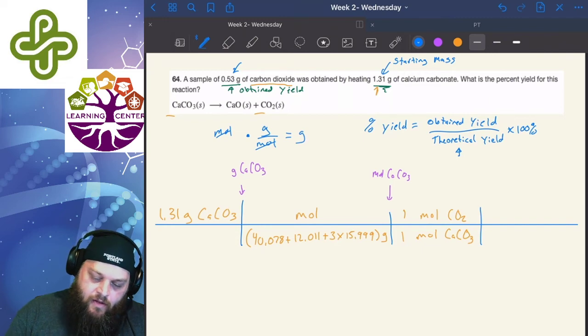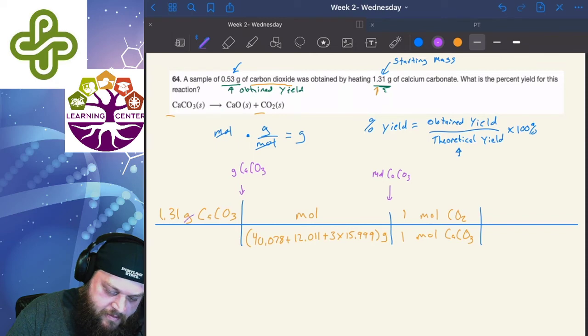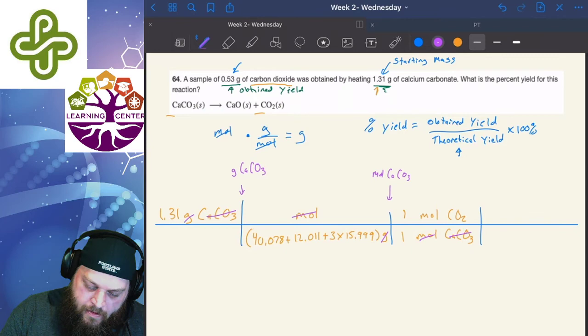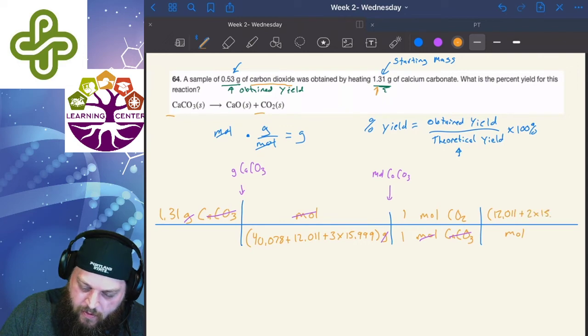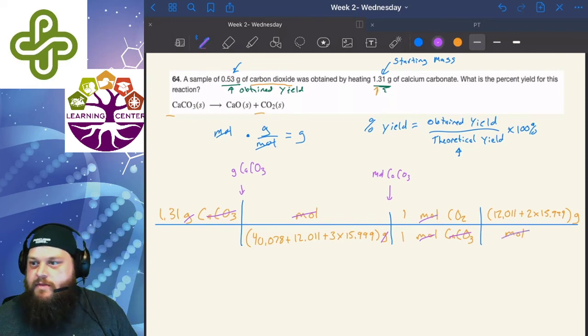The molar mass of CO2: we have moles of CO2, so we multiply by 12.011 plus 2 times 15.999 grams. Unit-wise, the moles cancel and we're left with grams.